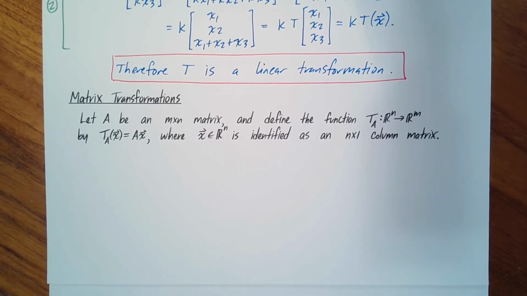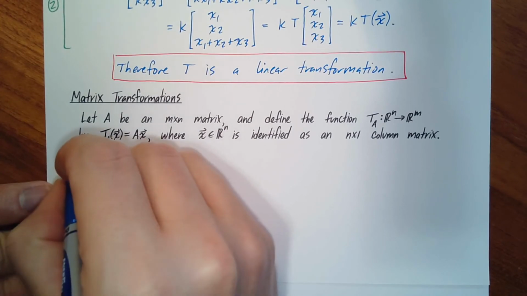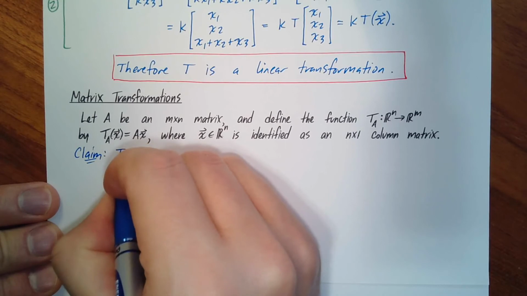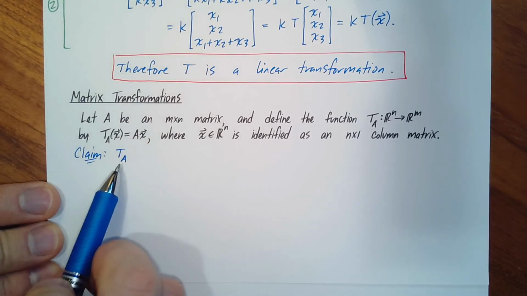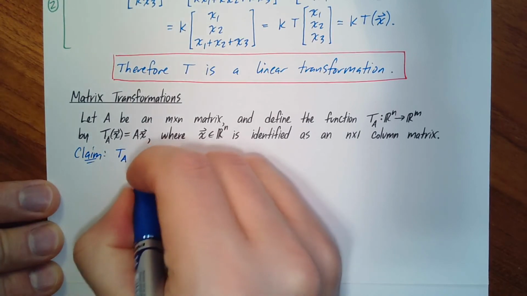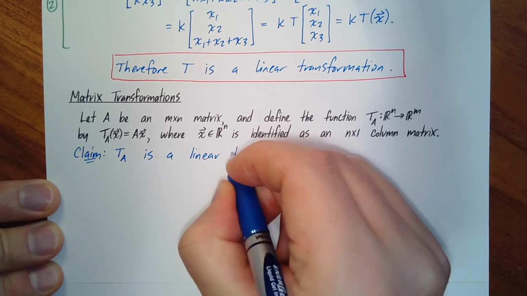So let me run through that. So first, let's make the claim. Claim: T_A, so T with the subscript A, this is the name of the function here that's defined in this manner, T_A is a linear transformation.